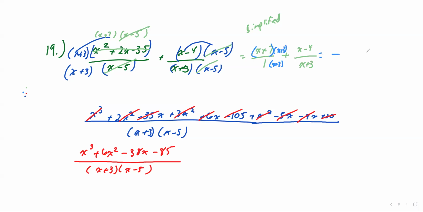And that would be it. So this would be x plus 3 on the bottom. That'd give me x squared plus 3x plus 7x plus 21 plus x minus 4. So this gives me x squared plus 11x, 21 minus 4 plus 17 over x plus 3.